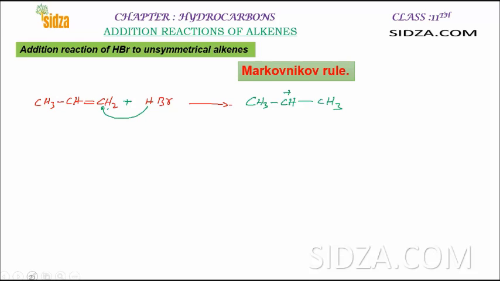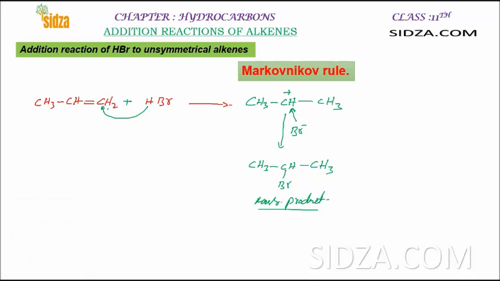Then in the second step, the Br negative will attack on it, and the product will be CH3 single bond CHBr single bond CH3. This is the Markovnikov's product, because the addition follows Markovnikov's rule. Hydrogen adds to the double bonded carbon that has more hydrogen atoms.